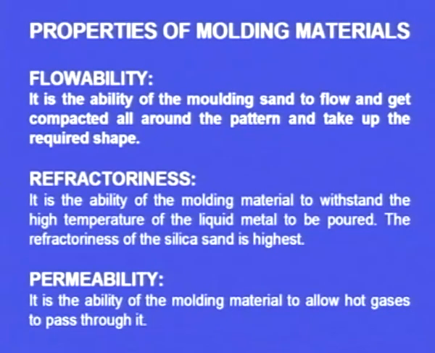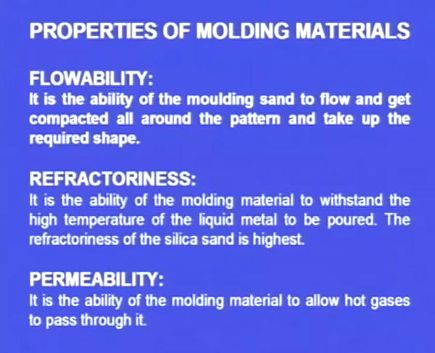Flowability, what does it mean? It is the ability of the molding sand to flow and occupy all the details of the pattern exactly, so that when we pour the molten metal into the cavity, it gives the exact dimensions and details.